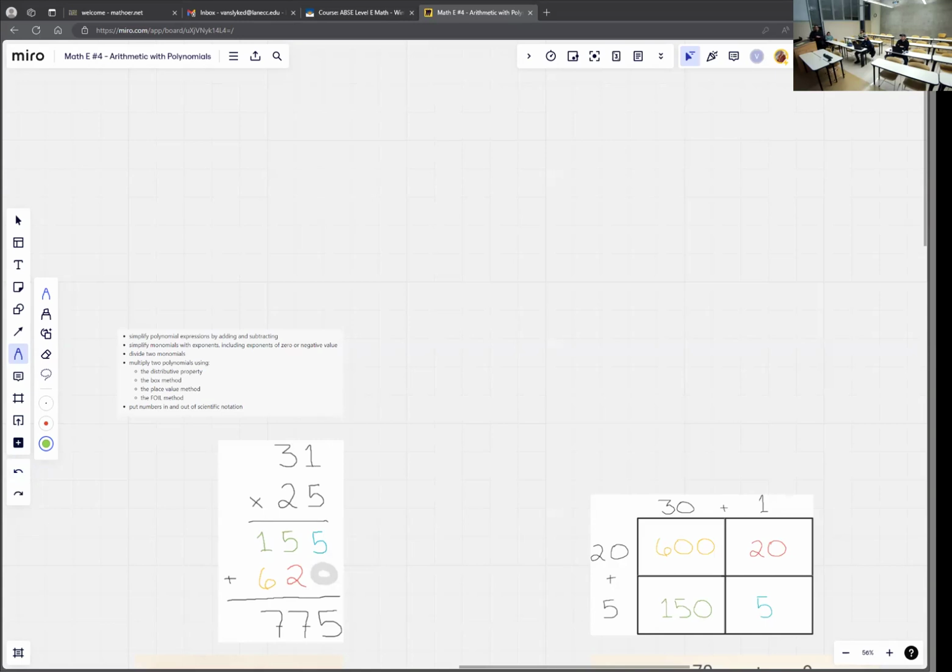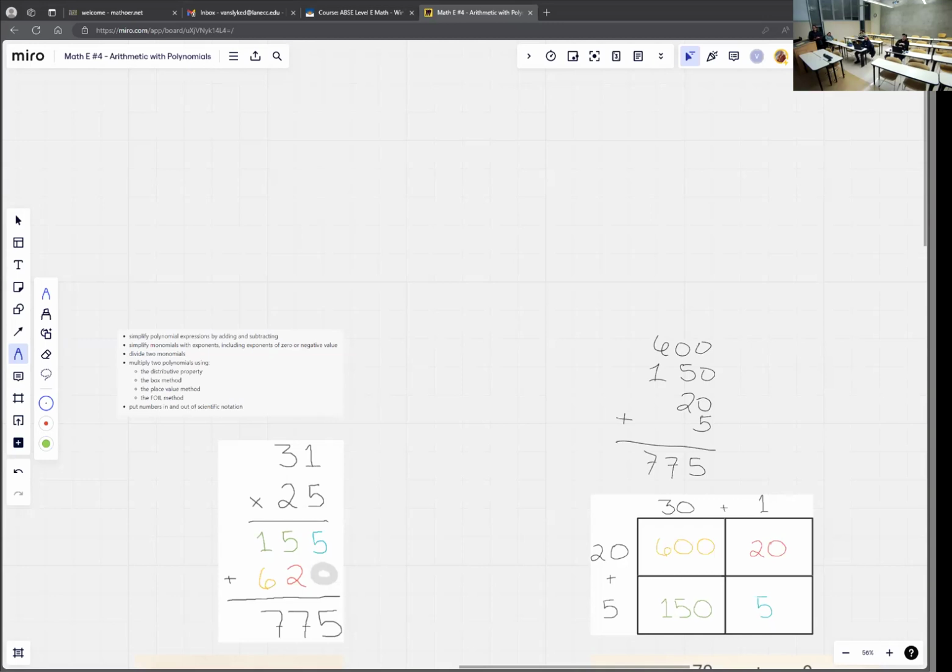In each box, you do the multiplication above and to the side. So 30 times 20 is 600, 1 times 20 is 20, 30 times 5 is 150, 1 times 5 is 5. Then you're not done. You have to take all those 4 boxes and add them up. So 600, 150, 20, 5, and you add them all up, and then you get the same 775 as before.